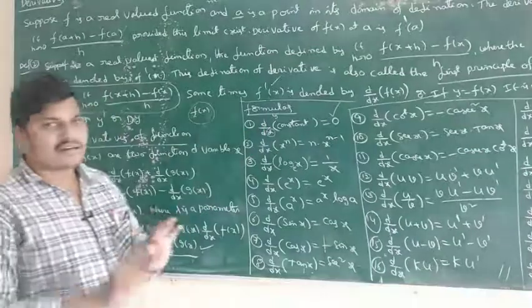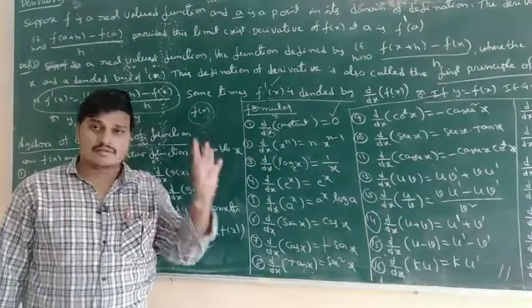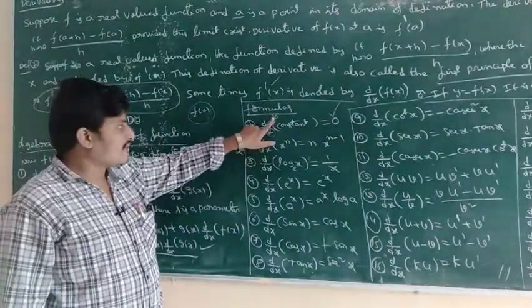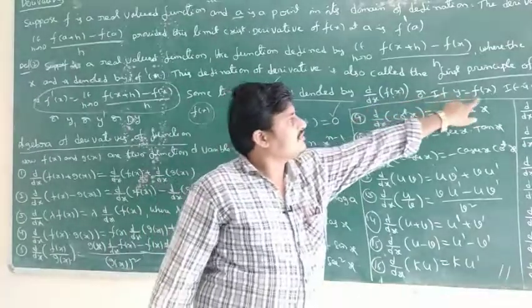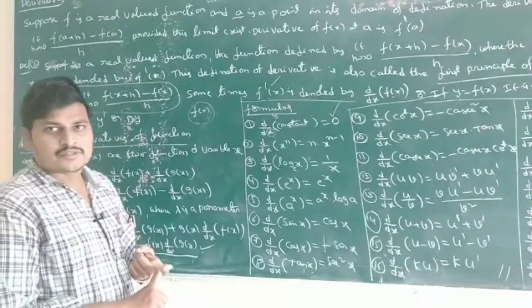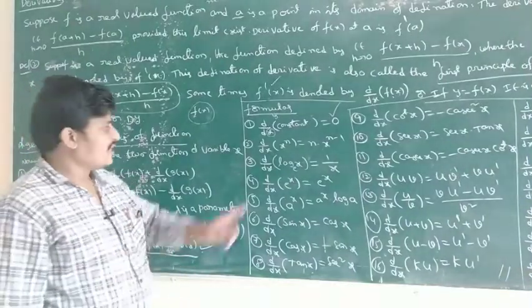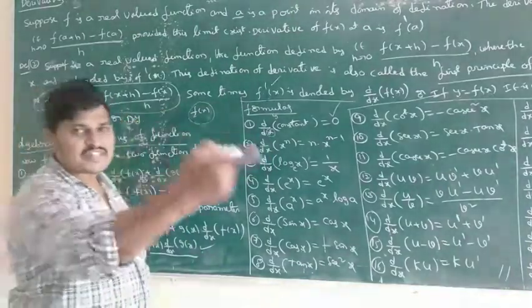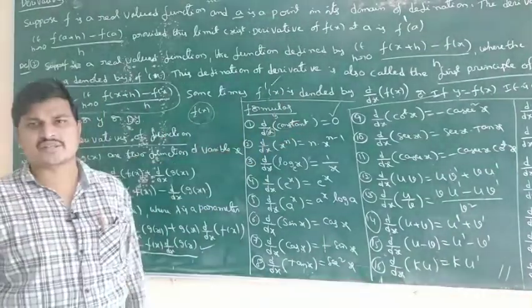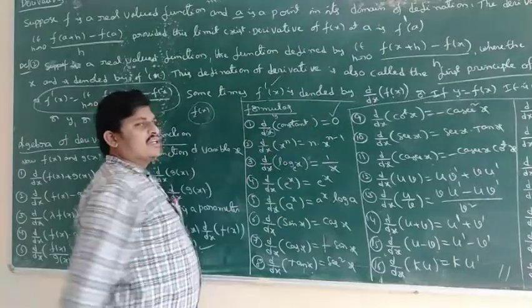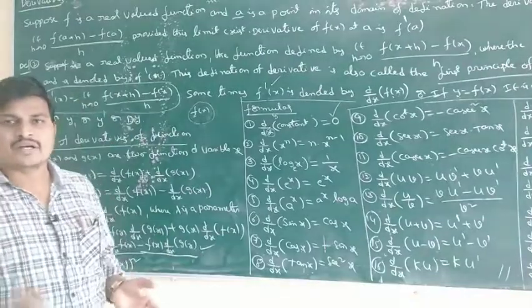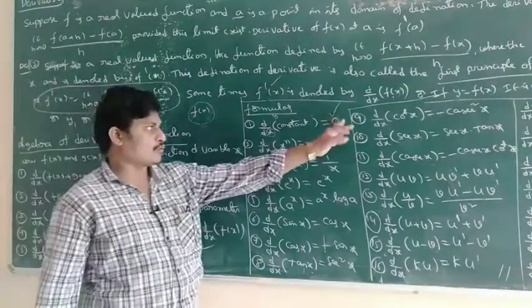Only x and y are not constants, because with respect to x, x is not a constant, and the function f of x is taken as y. The derivative with respect to x means x is not a constant and the remaining are constants. So the derivative of a constant is equal to 0. The derivative of 1, 2, a, b, c, d, l, m, n, 200, 1000, 1 lakh, any one of them is 0.